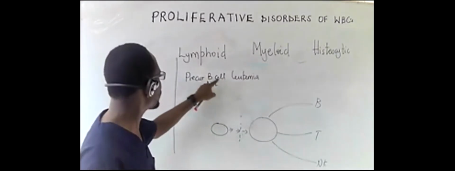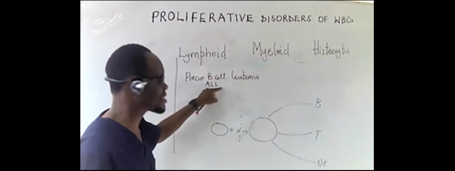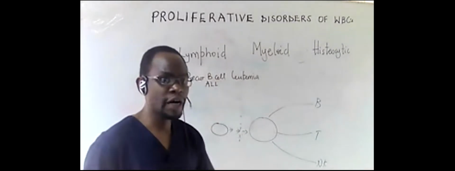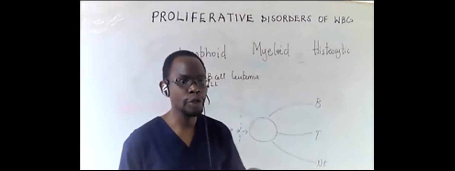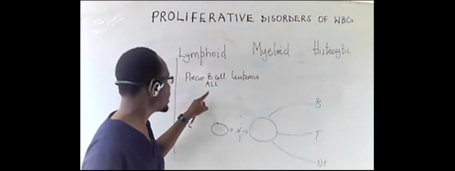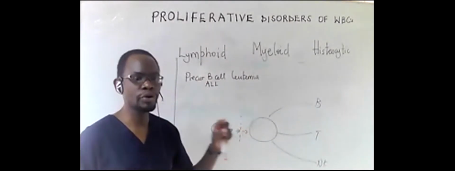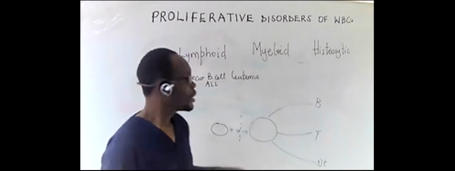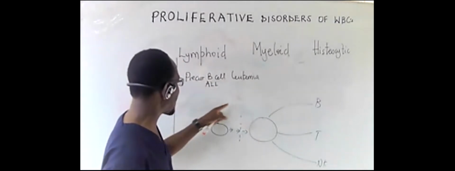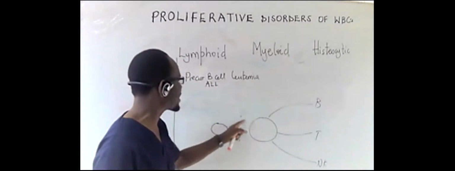So you're going to find this in the classification of leukemias. In the presentation that I'm going to make, you're going to find it quite often. So please do not say, now where does this one come from? No, it is precursor B cell at this point, and for that matter, it is acute.